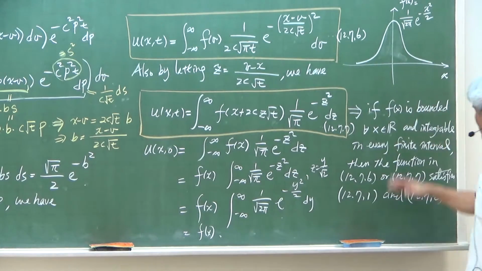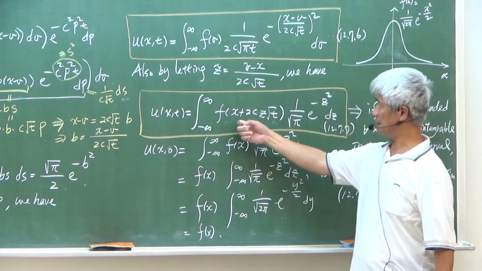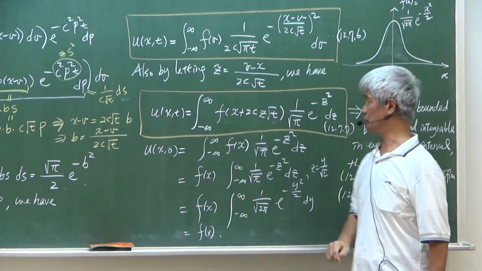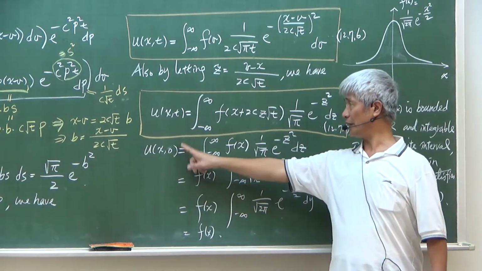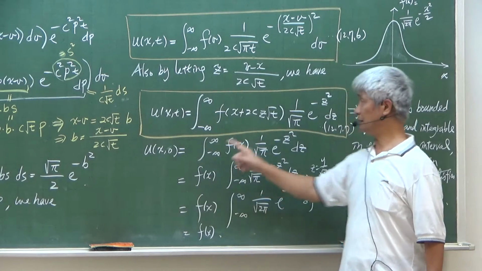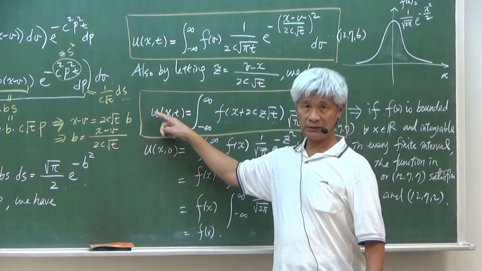Okay? So it's not hard. Basically you can start with this definition of the function u, and you see that immediately you can verify the initial condition is satisfied. And then you can do the differentiation.